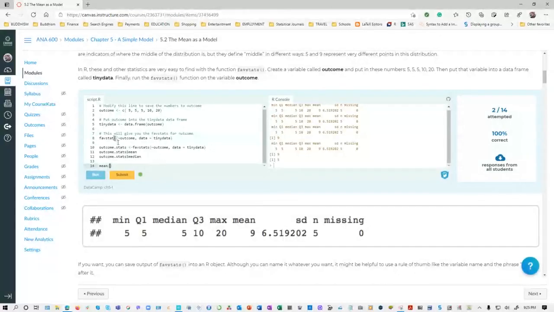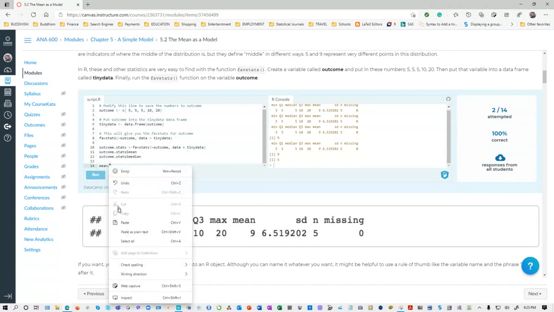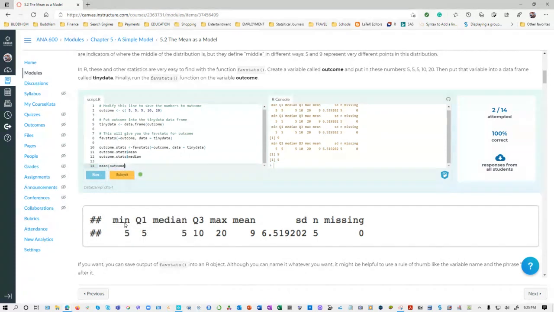Mean, whose mean? This one, the mean of outcome. You can go straight over there and read that. That's another way to calculate the mean.